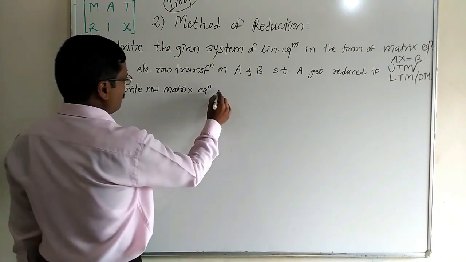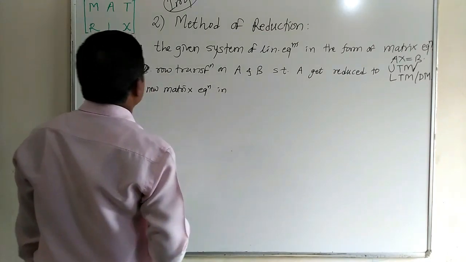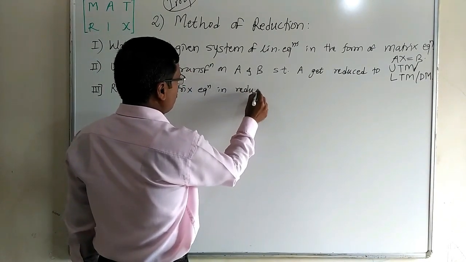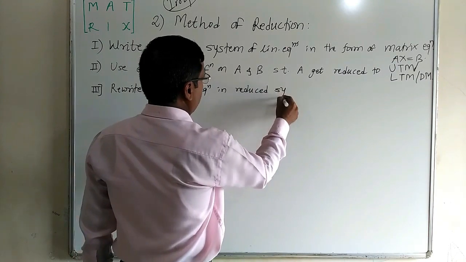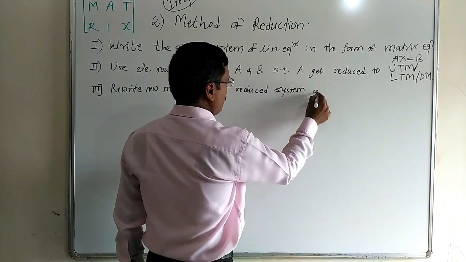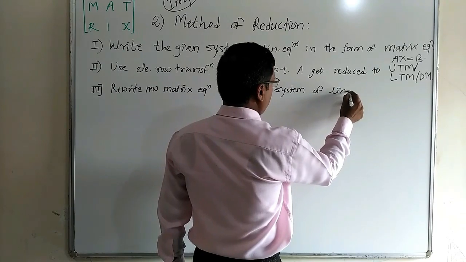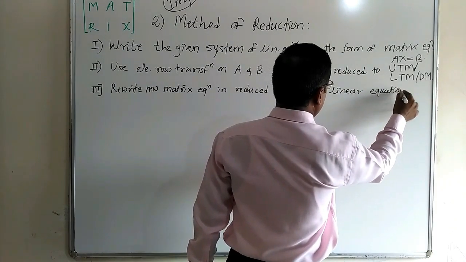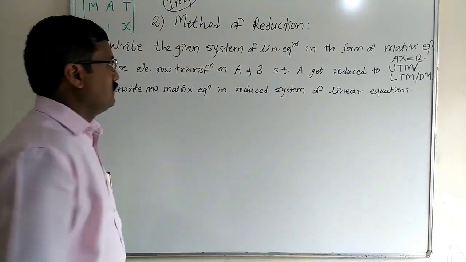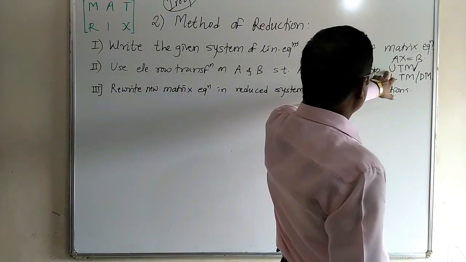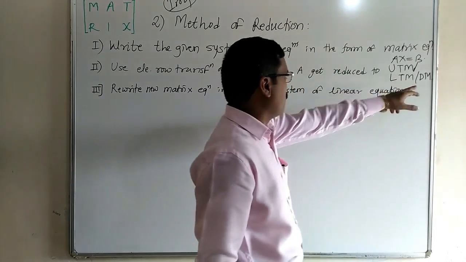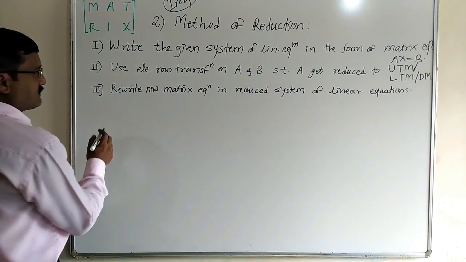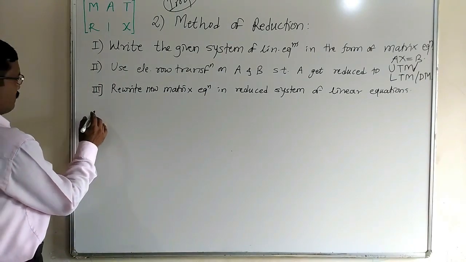Rewrite new matrix equation in reduced system of linear equations. As we reduce this matrix A to upper triangular matrix or lower triangular matrix or diagonal matrix, the whole system gets reduced into a new system. We call that a reduced system of linear equations.